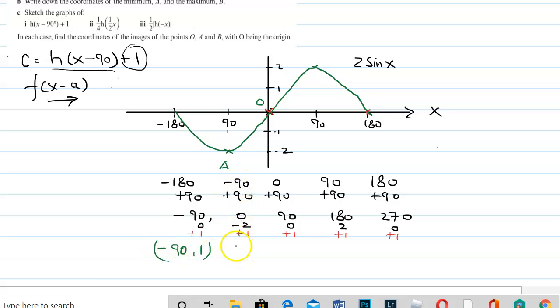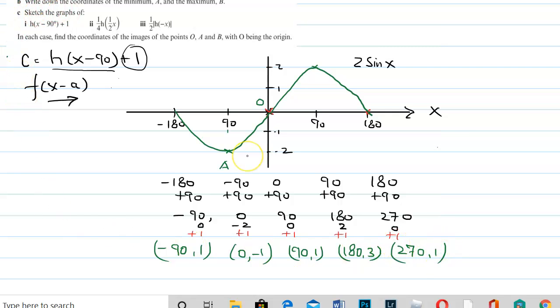This is 0 at -2 plus 1, which is -1. This one is 90 and 1. This one is 180 and 3. And this one is 270 and 1. So we are going to draw these coordinates. So -90 at 1.